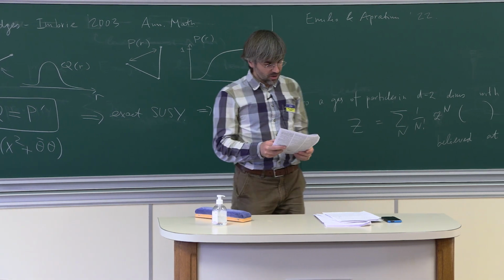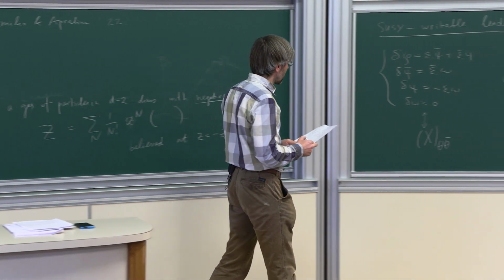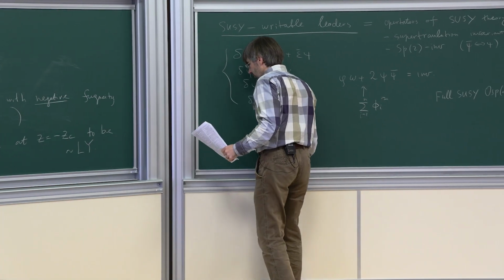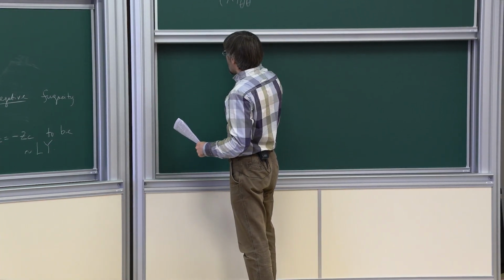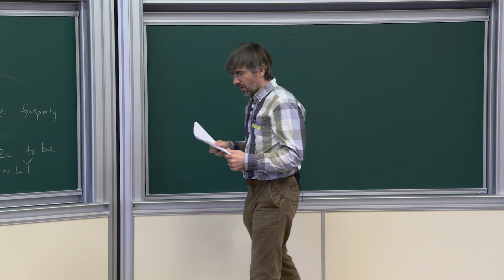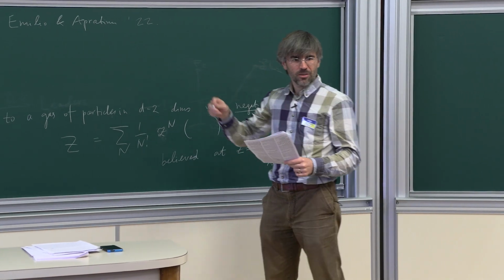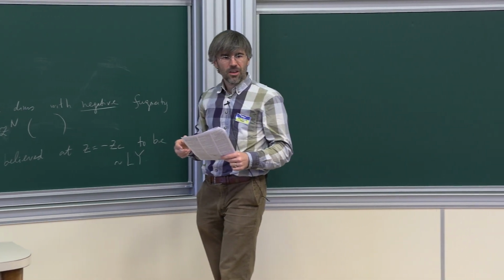There is another thing about branched polymers that I want to mention, because we discussed this with Adam the other day. There is a question whether this problem of branched polymers has conformal invariance or not.